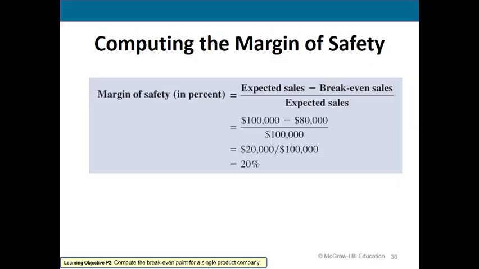So in this case, the company thinks that they can sell $100,000. You subtract your break-even sales of $80,000. So $20,000 divided into $100,000 is a 20% margin of safety. In pure dollars, it simply means that they have $20,000 excess before they start to show a loss or break even, and then after that show a loss.